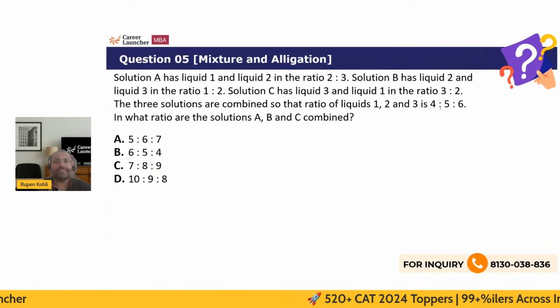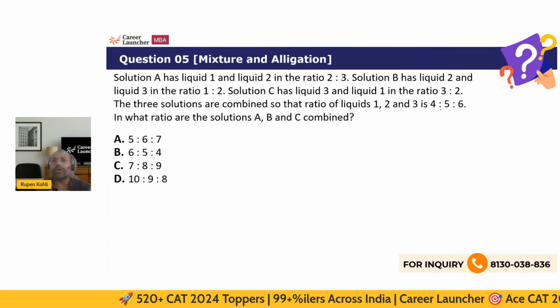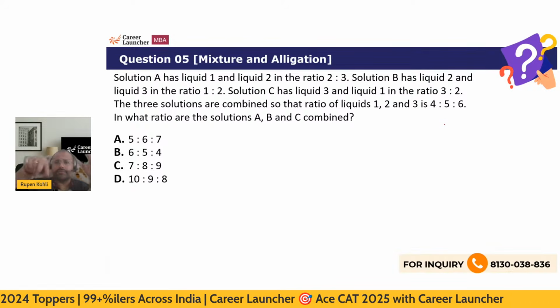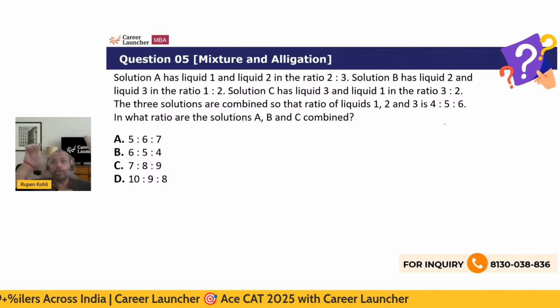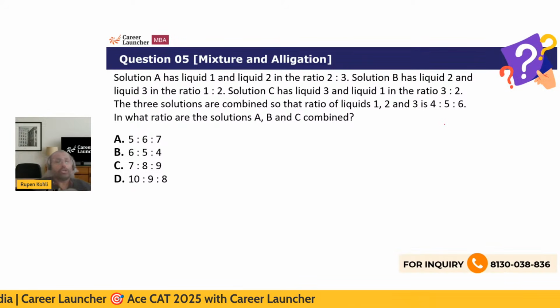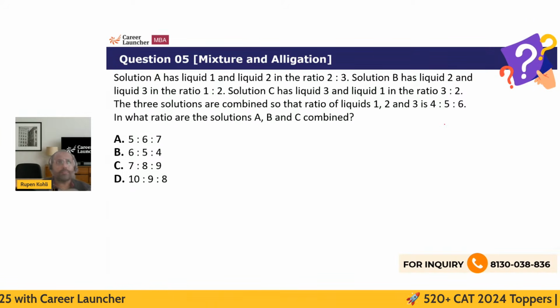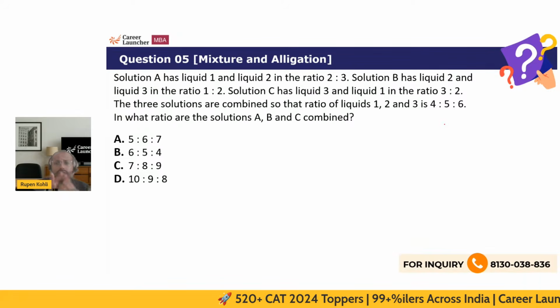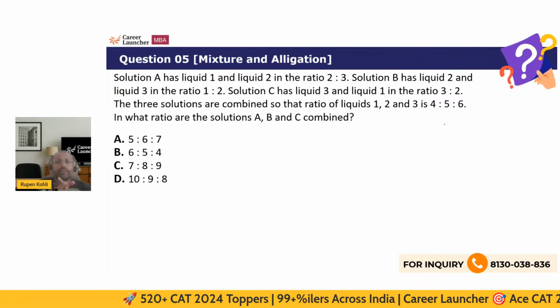If you are mixing more than two liquids or solutions, then we cannot apply it, because that crisscross difference concept only applies when there are two things being mixed, isn't it? So how to deal with this one? We have to do this question from a basic approach, by taking variables, framing equations for the given conditions, and trying to find what we have to.